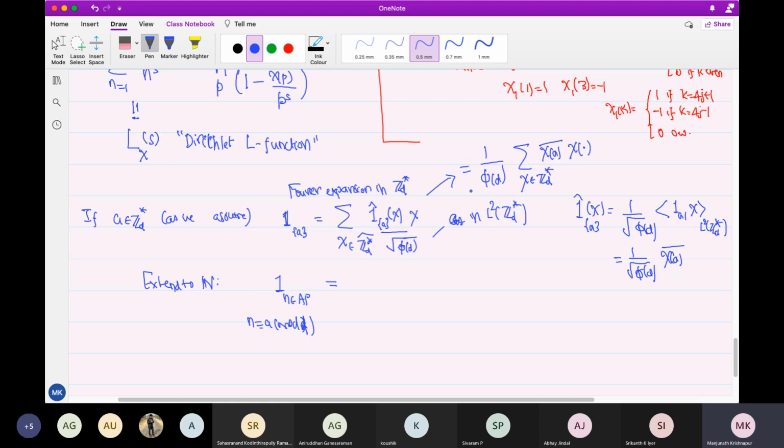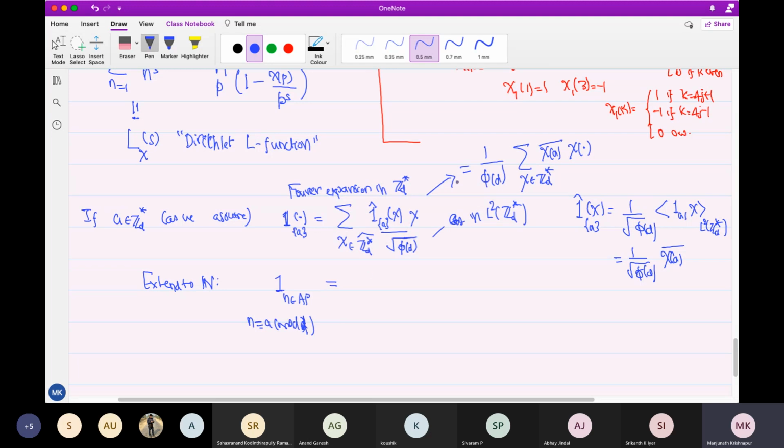This is the function whose value at a point is this. This is the Fourier expansion of indicator A. We are just using general Fourier for any finite abelian group, and the indicator function has very simple Fourier coefficients, just chi of A conjugate.